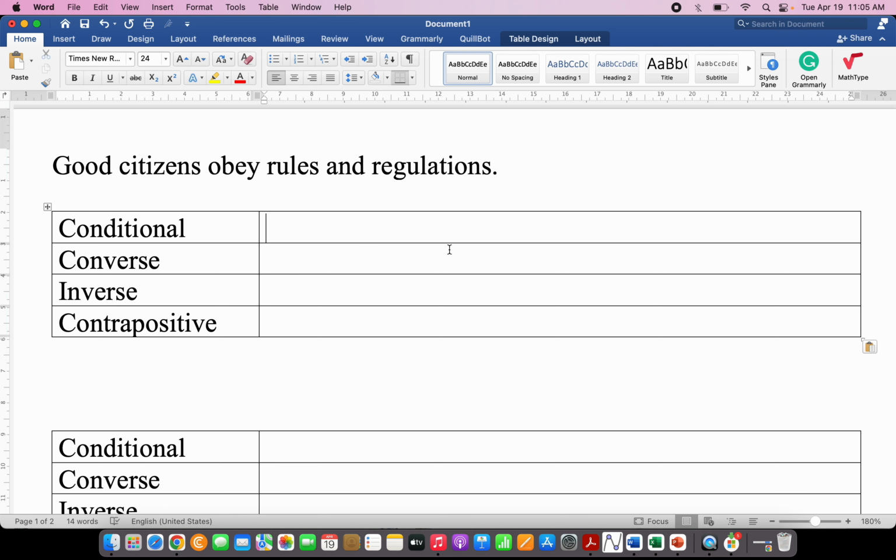So, yung conditional natin is if P, then Q. Di ba yan? Sa converse, binabaliktad lang natin. If Q, yung conclusion mo magiging hypothesis. If Q, then P. That's it.